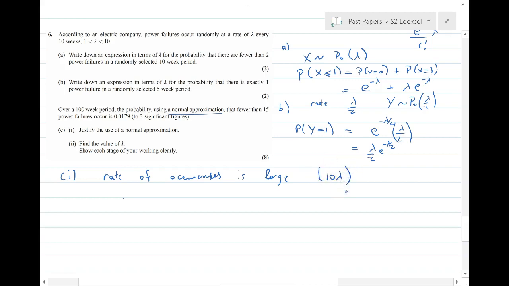So the rate justifies in itself the normal approximation.